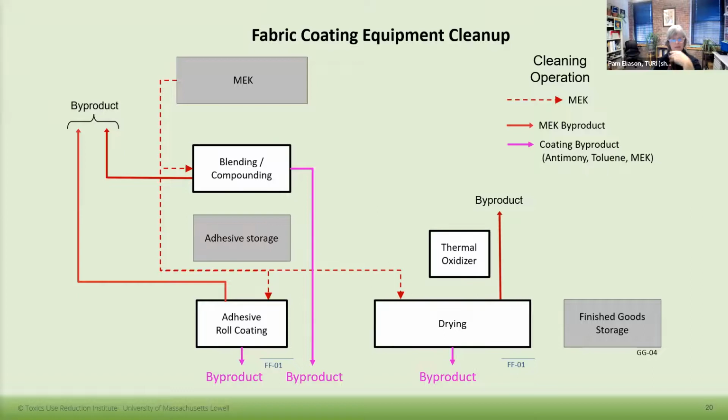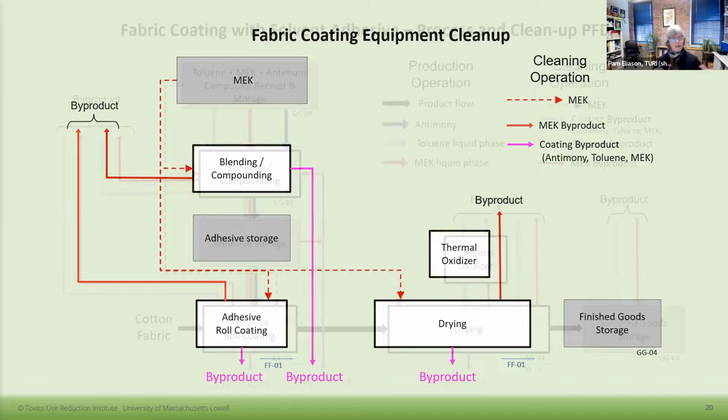And it may also be used in the drying. I'm not quite sure why that might be, but there are byproducts associated at each of these stages as well. So it's another element of the toxic chemical use in this production unit.